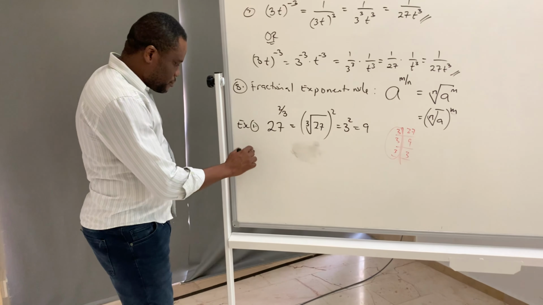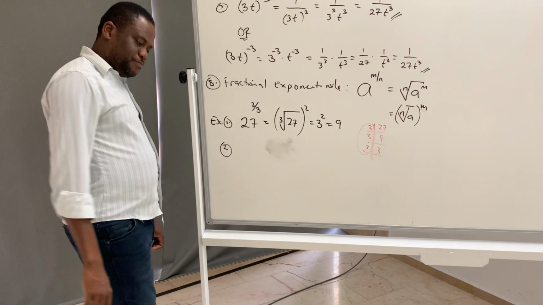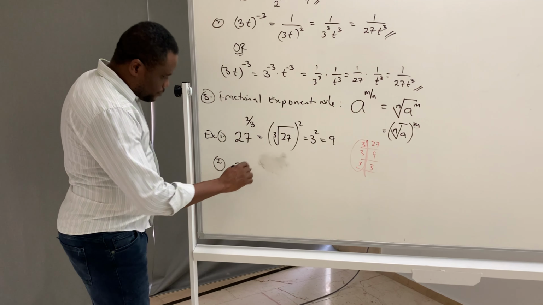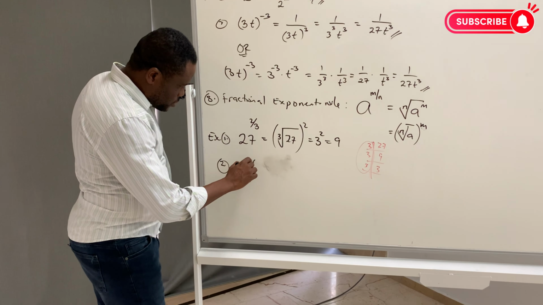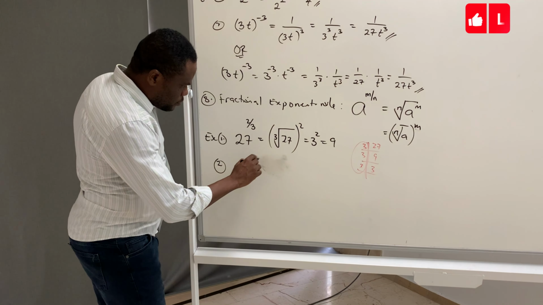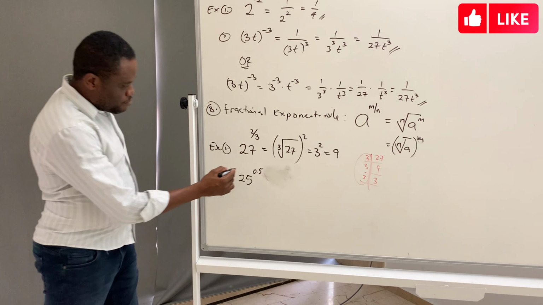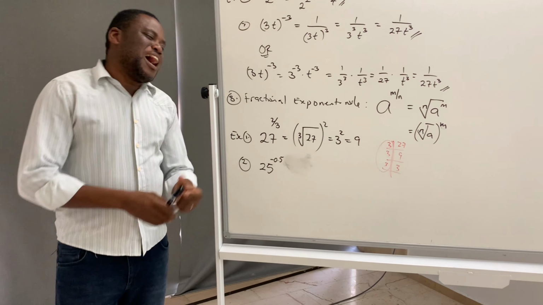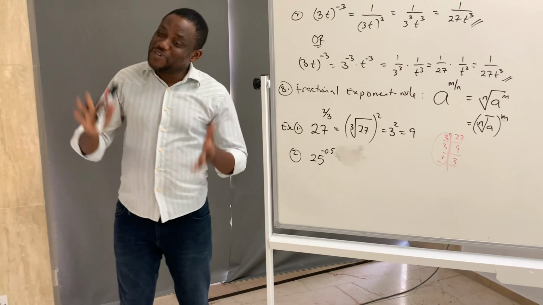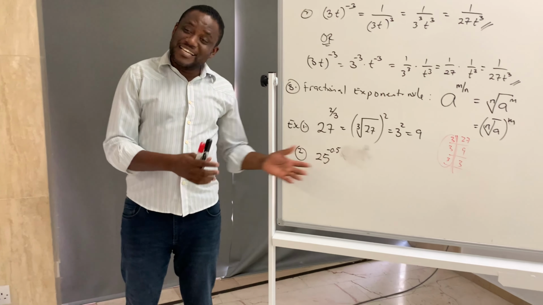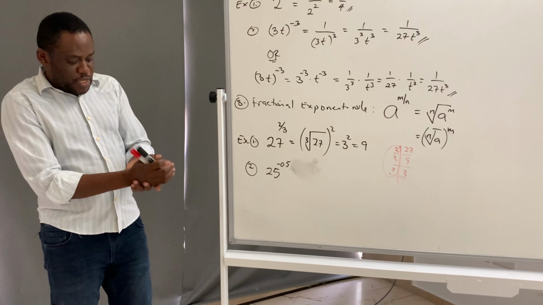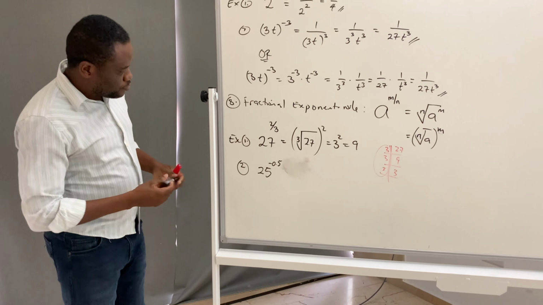Let's do another. Let's say we have 25 to the power of minus 0.5. So how does this one come? Don't bother yourself, it's very easy. What you have to do is to follow the rules.